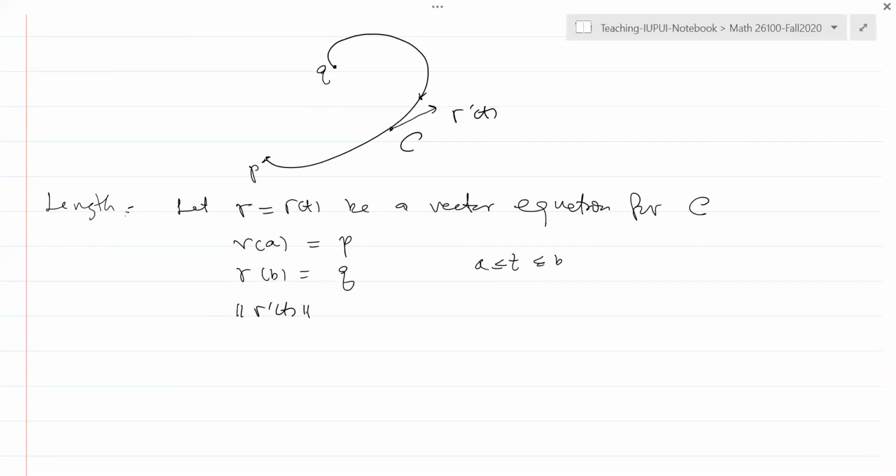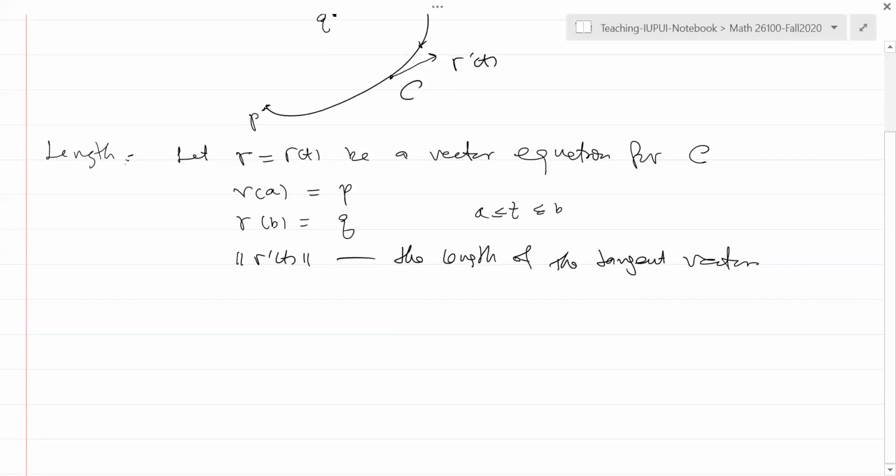So this is the length of the tangent vector. And we have the formula for the length of the curve.